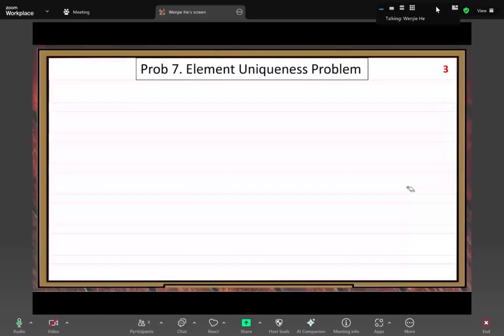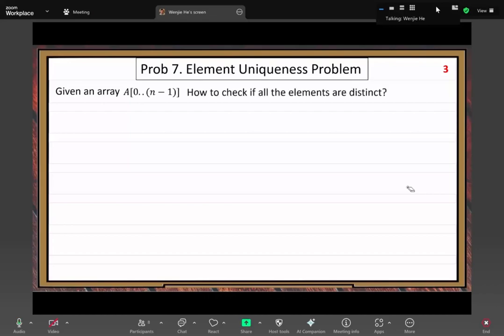All right. Look at the question. Problem number 7. Element uniqueness problem. Given an array, definitely unordered. So I do not give you that order information, so we assume unordered. Question, how to check if all the elements are distinct?